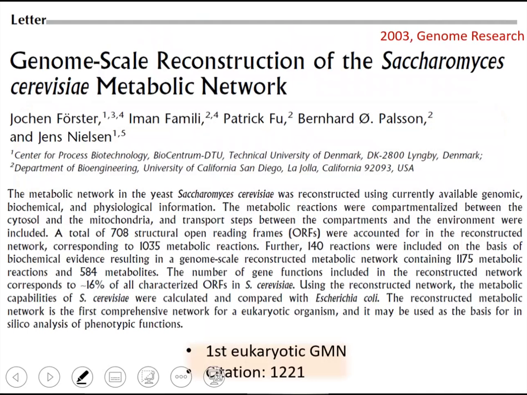The first genome-scale reconstruction of Saccharomyces cerevisiae, the yeast, was published in year 2003 in Genome Research. And this was the result of a collaboration between Palsson's group in UCSD and Nielsen's group, then in Technical University of Denmark.